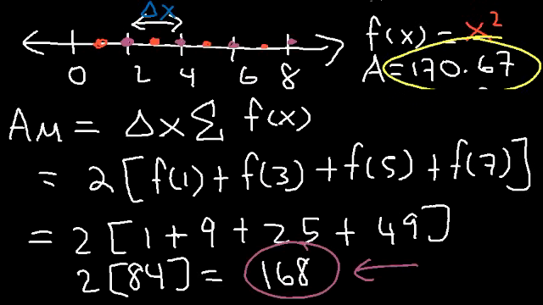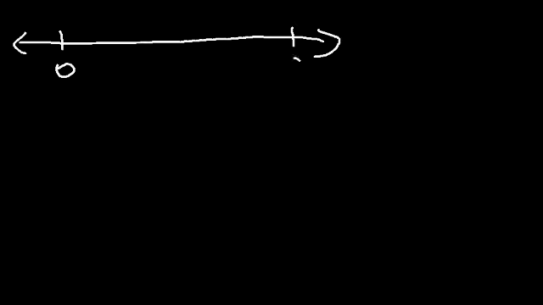Now the next thing we're going to talk about is the trapezoidal rule. So we're going to use the same number line from 0 to 8. So notice that for the left Riemann sum and the right Riemann sum and the midpoint rule, we use 4 of the 5 points that we see here.